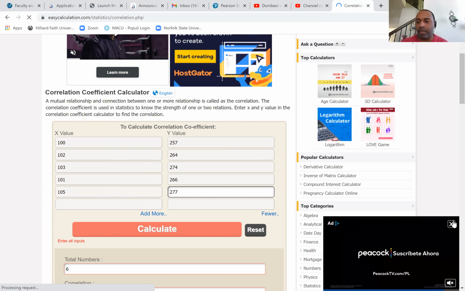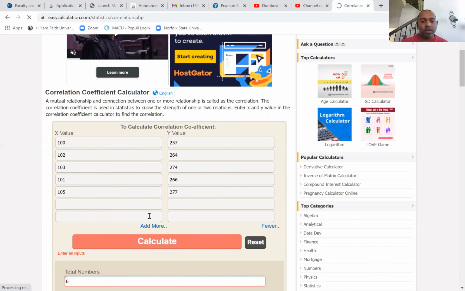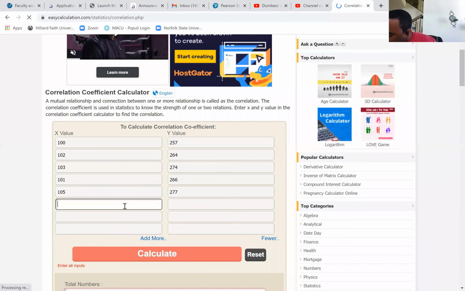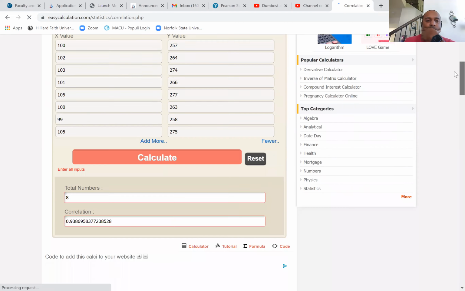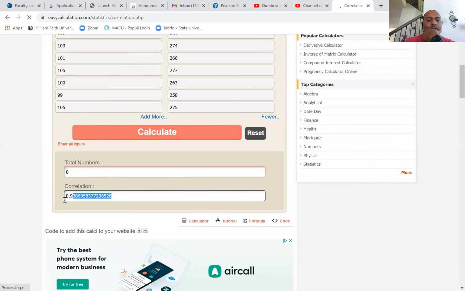it has all these ads up here. All right, those are the values, hit enter, and there is our correlation coefficient.